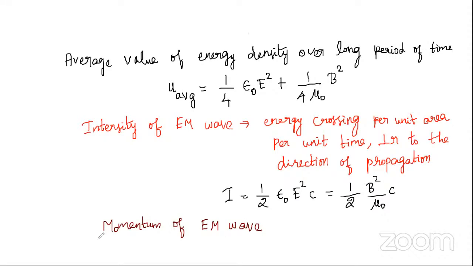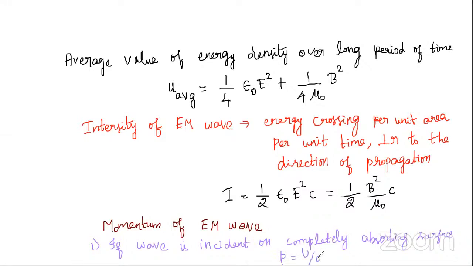The first scenario is if wave is incident on a completely absorbing surface, then your momentum is given by P equal to U by c, where U is the energy and c is the velocity of EM wave.